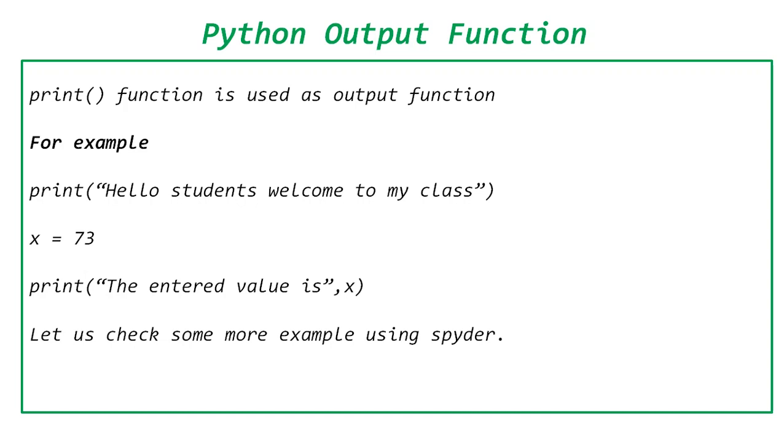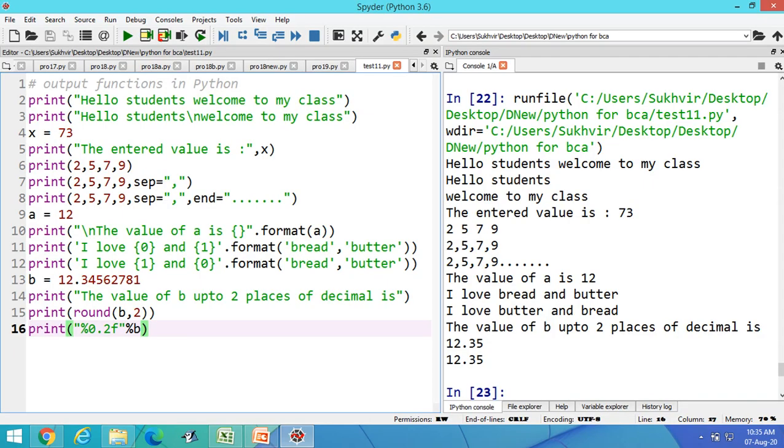Let's check some more examples using the Spyder platform. Suppose I write print, "Hello students, welcome to my class." I can print like this. If I write "Hello students," then \n, as in C and C++, you can apply this, new line, "welcome to my class."